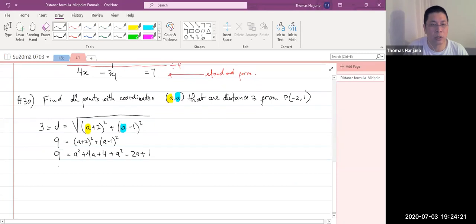Set one side equal to 0 because I plan to solve it by factoring. All terms are actually multiples of 2, so let me reduce the equation by 2. I get 0 equals a squared plus a minus 2.